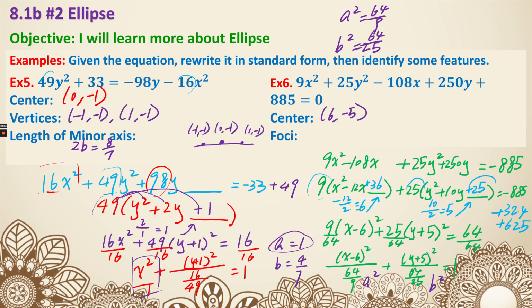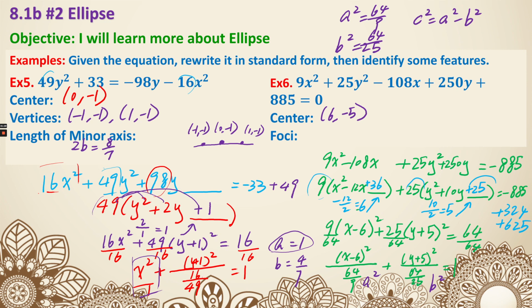I can actually find my c squared. C squared would be a squared minus b squared. And that would give us 64 divided by 9 minus 64 divided by 25.